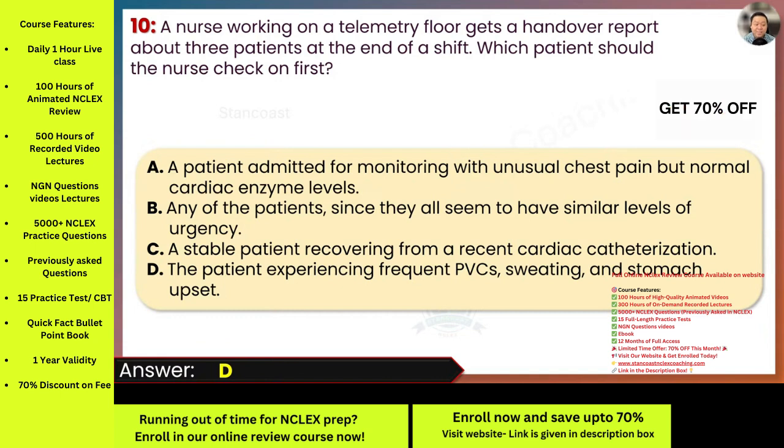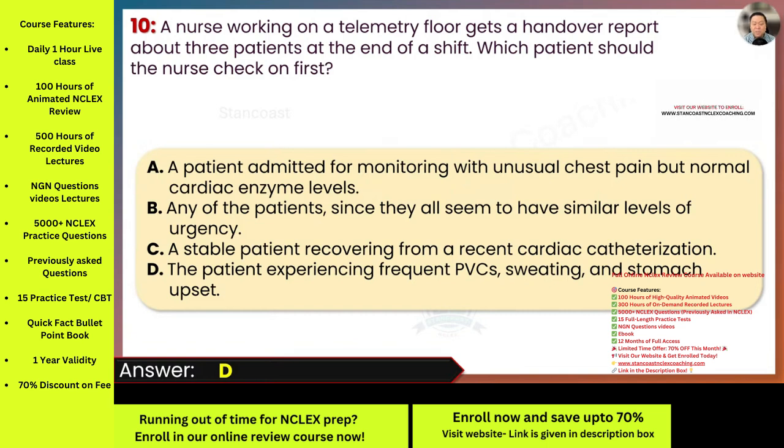This can lead to lethal arrhythmias like VTach or possibly ventricular fibrillation. And the sweating and stomach upset are classic warning signs of a silent MI, especially in older adults, women, and diabetic patients. If you ignore these symptoms, this could result in possible cardiac arrest. What you're going to do here is check this patient first for further assessment. Maybe you're going to have to do an ECG evaluation and possible emergency intervention.